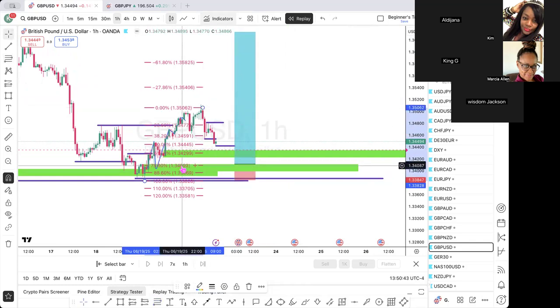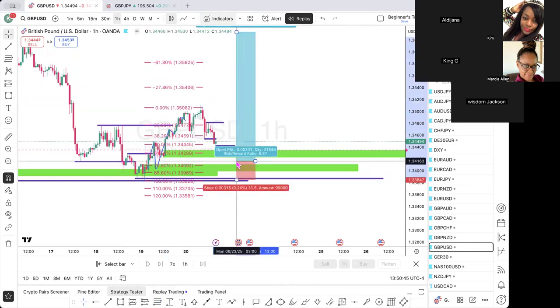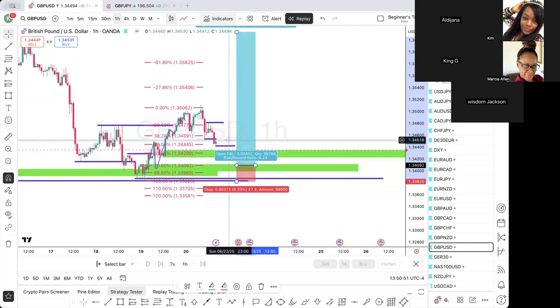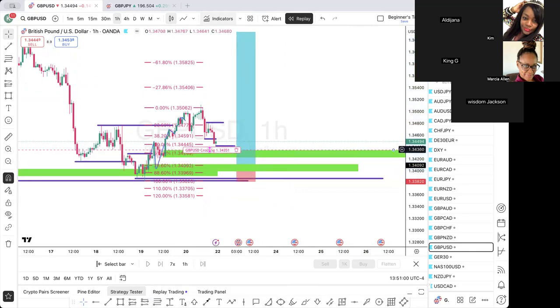You see, it's in alignment with my confluence right there. It's in alignment with my 78.88. So for the GU trade, I would be looking to buy from here, not even here. So I would set my alert down here.